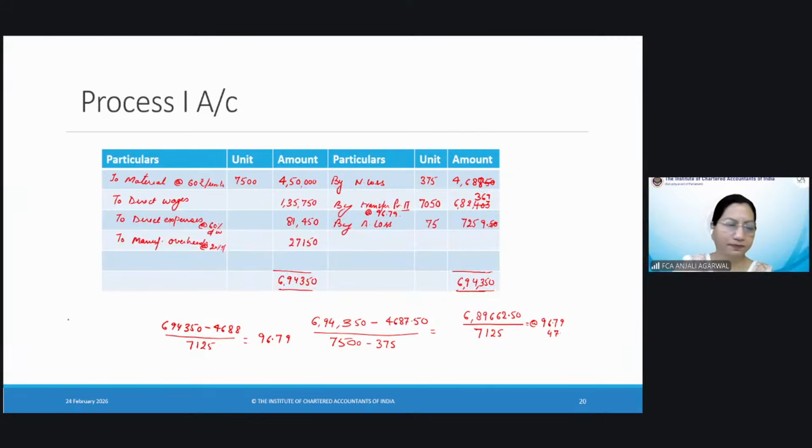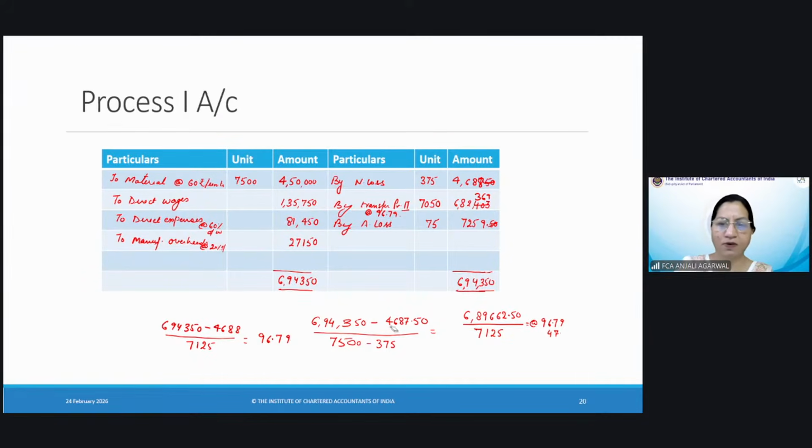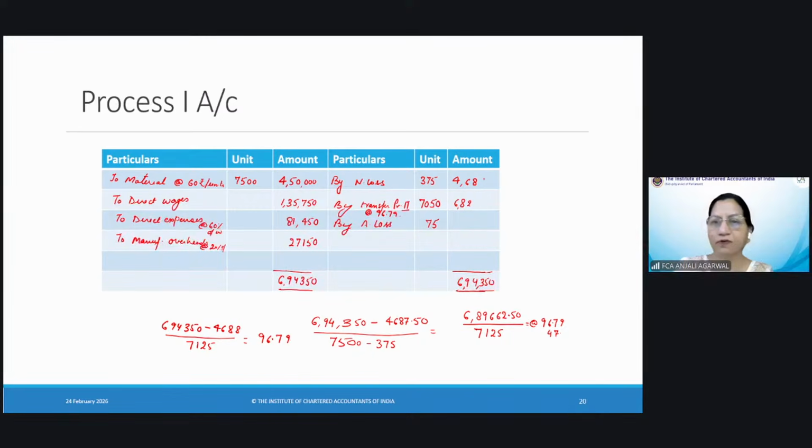So I'm just telling you, you can take either this or this method. For 4688 and 682,369.5, so 370. Earlier it was coming out to be 403. So there is a lot of difference, right?